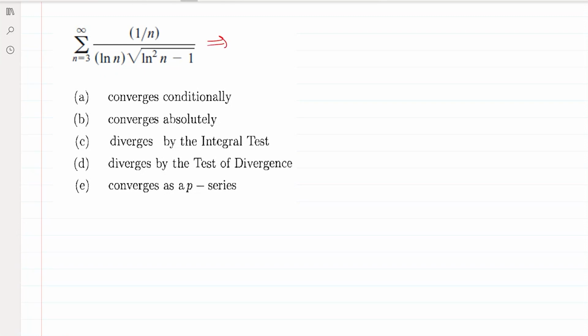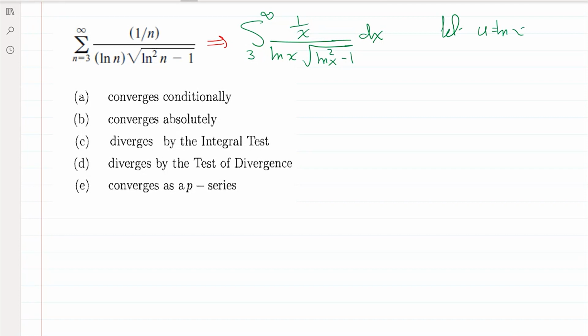What is the corresponding integral here? It will be the integral from 3 to infinity of 1 over x ln x root of (ln x)^2 minus 1, dx. How to evaluate this integral? Let u equal ln x.